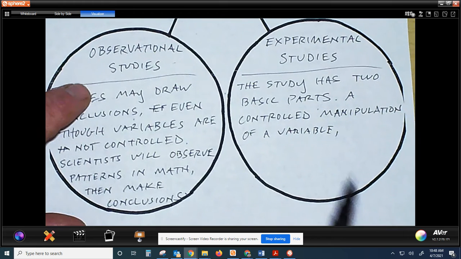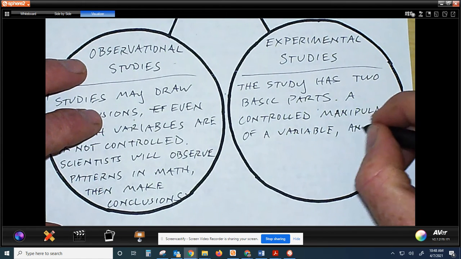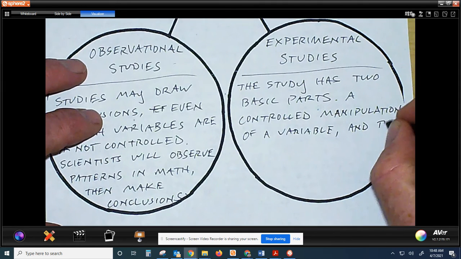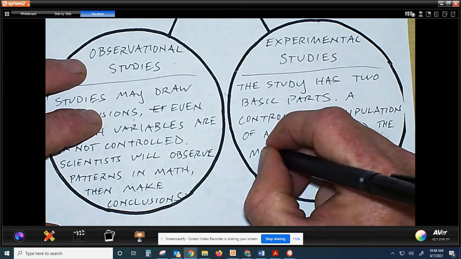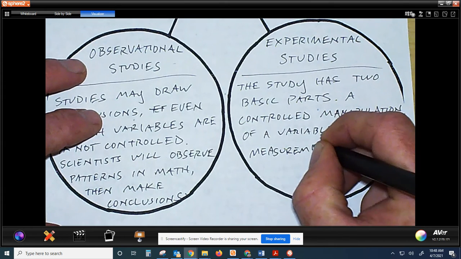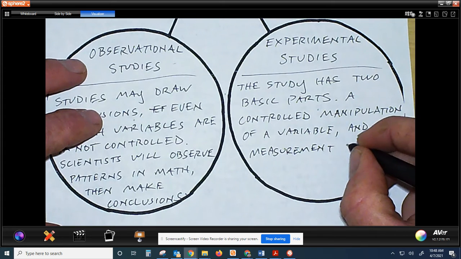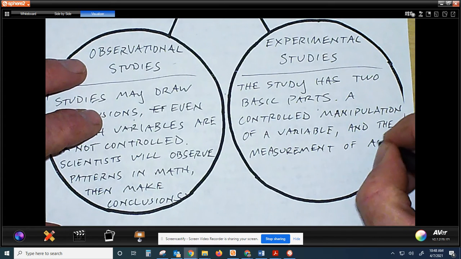Okay, that's one part that it needs. And secondly, the measurement. You guys are doing good. I'm going to leave them up here so we can catch up if you're behind. And the measurement of an outcome.